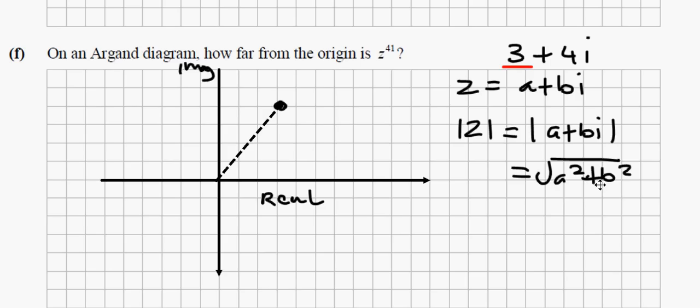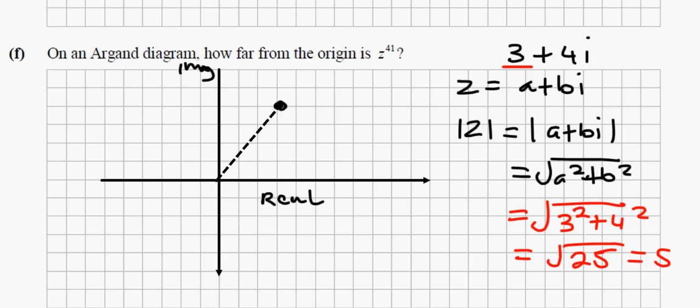In normal terms, whatever the real number is, put it in and square it. Whatever the imaginary number is, put it in and square it. Add them together and square root. And what we can get here is 3 squared plus 4 squared, square root it. This means that this line in question, which is 3 plus 4i, is a distance of 5 away from the origin. We got to do the same thing for this Z41.